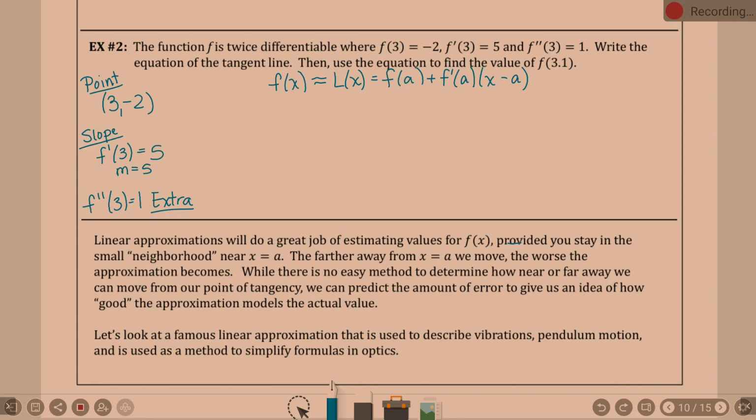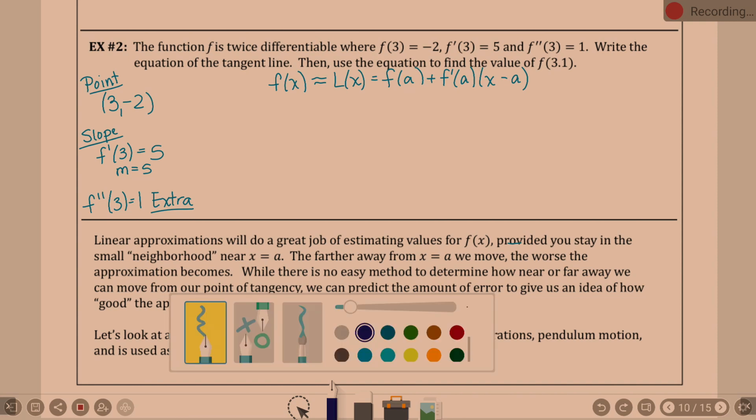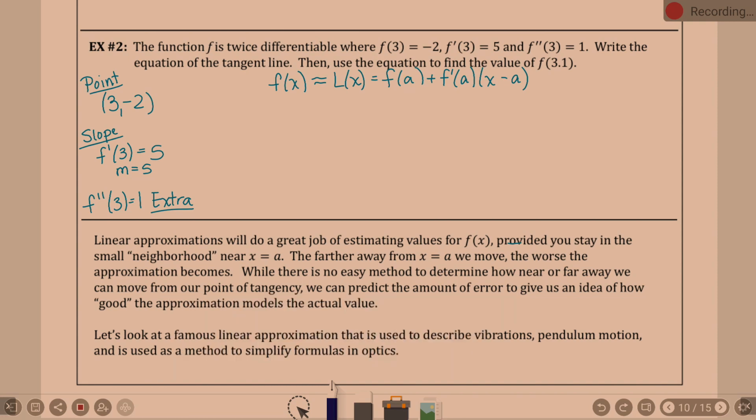That's the fancy version, right? But we've got to be able to understand the fancy version too. What are we using for a? 3. Yeah, because all the information they're giving us here is about 3, yes? So a is 3.